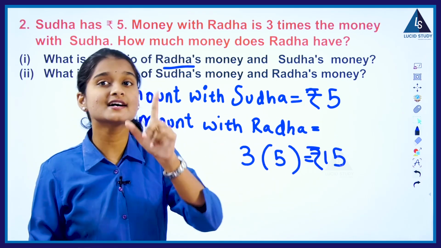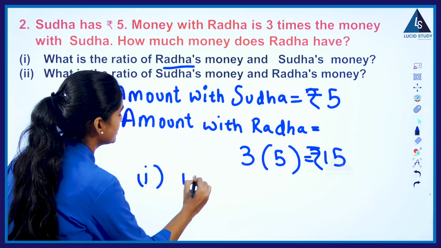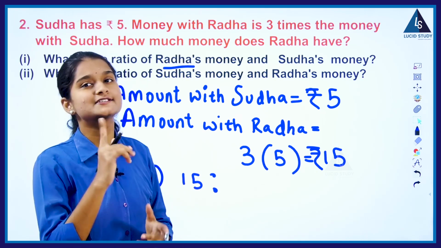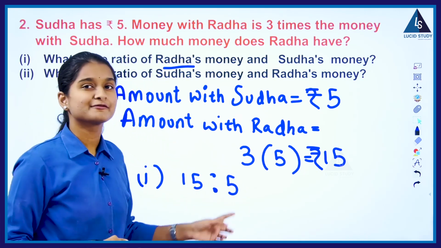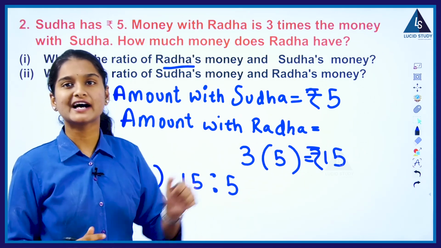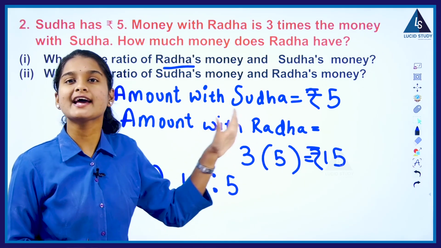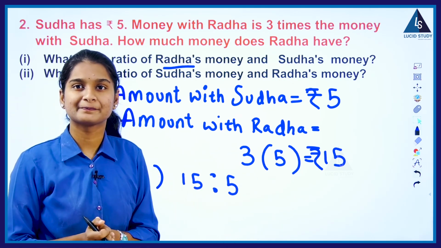Therefore, 15 is the antecedent, and consequent is Sudha's money, which is 5. We have 15 is to 5. Therefore, ratio of Radha's money and Sudha's money is 15 is to 5.